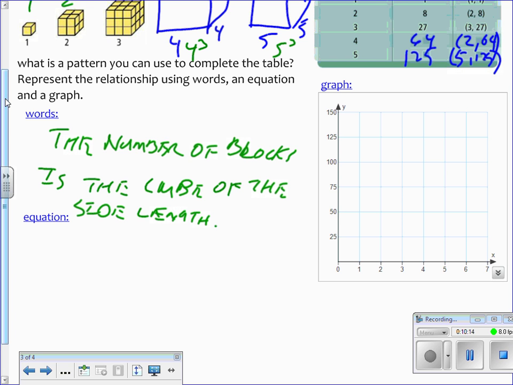Our equation: the number of blocks, y, from the table, equals the side length cubed.